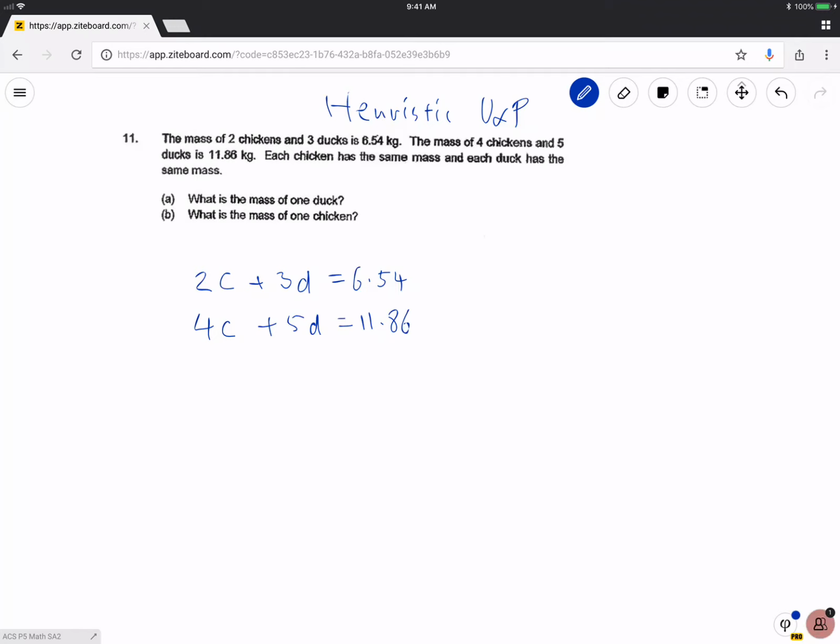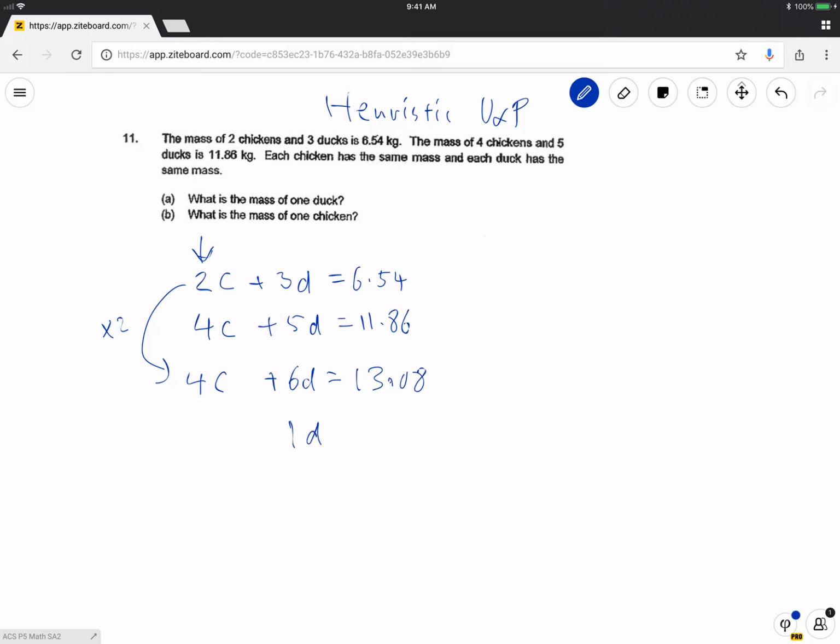Yeah, so in this heuristic, I need to make one of them the same. So in this case, I choose the chicken. So from here, I times 2. So I get 4 chicken plus 6 ducks equals 6.54 times 2, $13.08.